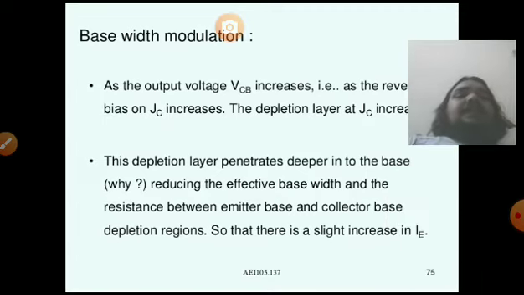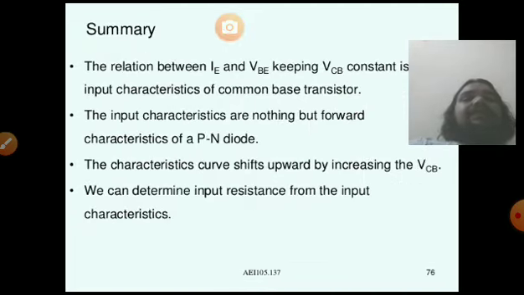This depletion layer penetrates deeper into the base, which reduces the effective base width between the emitter-base and collector-base depletion regions, so there is a slight increase in IE.